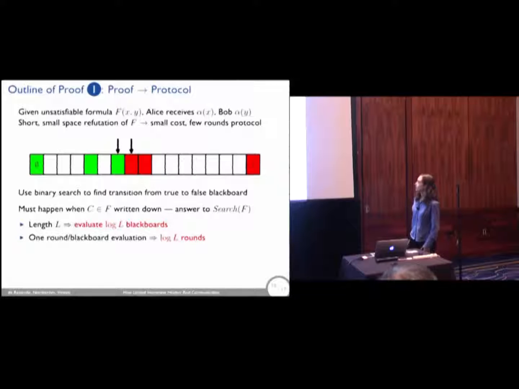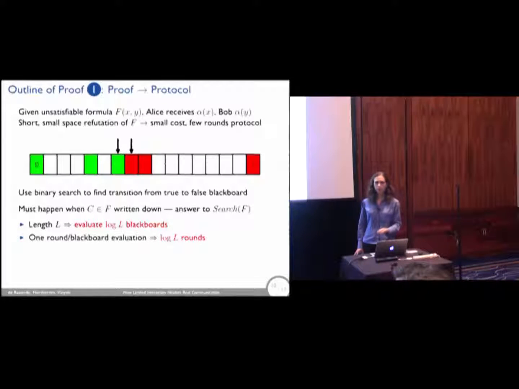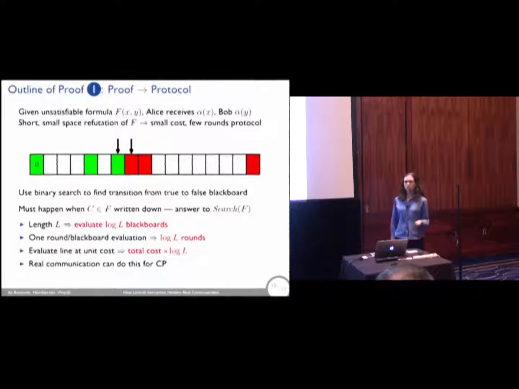Okay, so if this refutation had length L, then they would have to evaluate log L blackboards. Then if they are able to spend 1 round per blackboard evaluation, then this gives log L rounds.